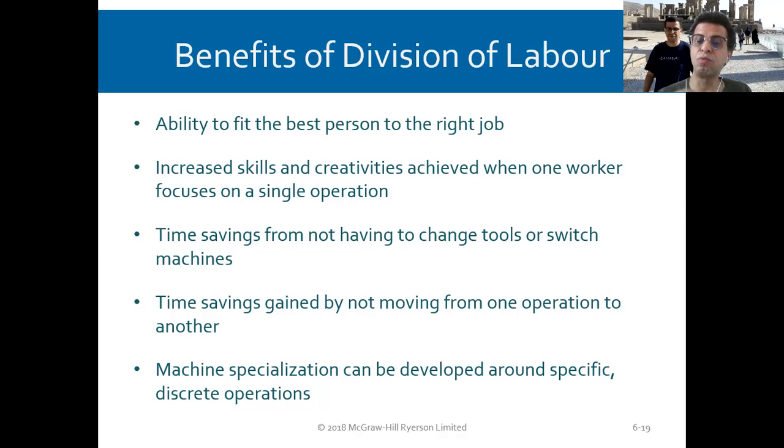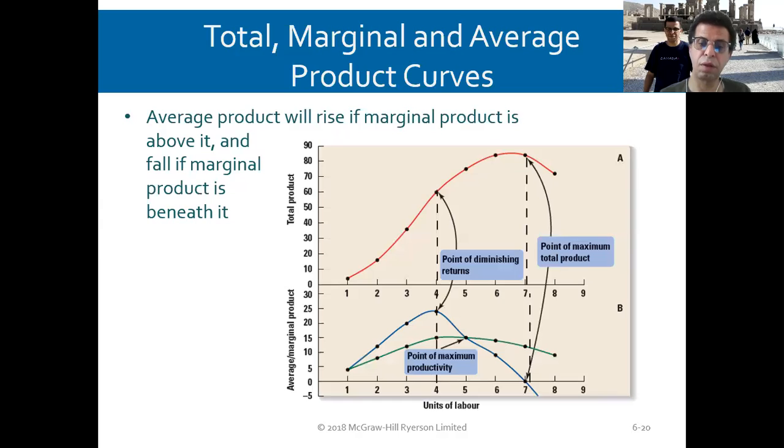Time saving is gained from moving from one operation to another, resetting the operation, and machine specializing can be developed around a specific discrete operation. This machine produces certain units and will be specialized in producing that, so there is no resetting, changing the input, or stopping and switching the machines, so it becomes more specialized and more productive.